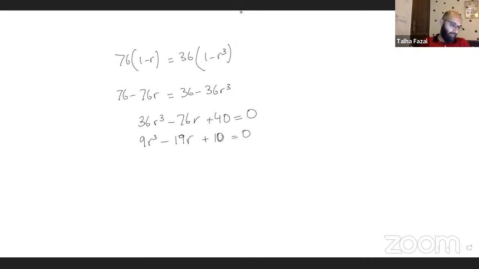Right, so you end up with something like this, which you can try and simplify or find the roots of. I can clearly see r can be 1 as one of the roots. So 9 times 1 cubed minus 19 times 1 plus 10.